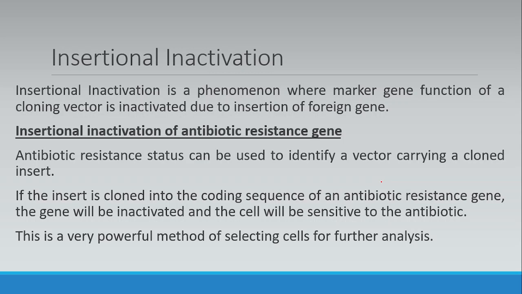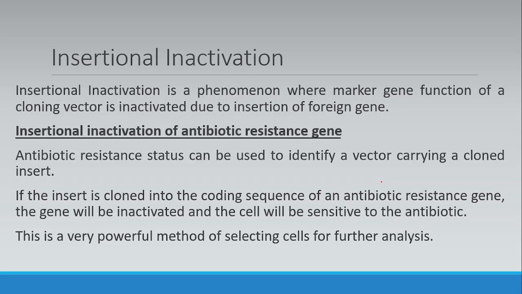If an antibiotic resistance gene is disrupted by a foreign gene, what happens? The cells carrying the cloning vector without a disrupted marker gene will be resistant to a particular antibiotic, whereas the recombinants will be sensitive.